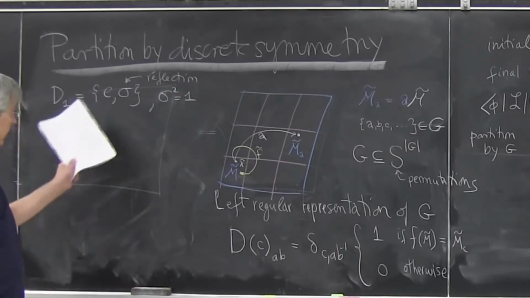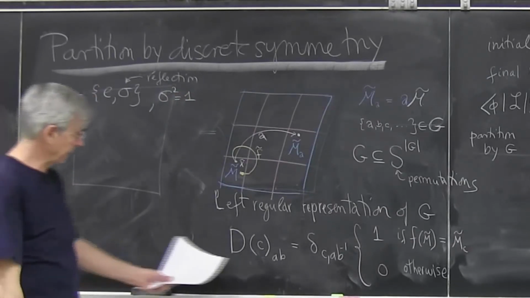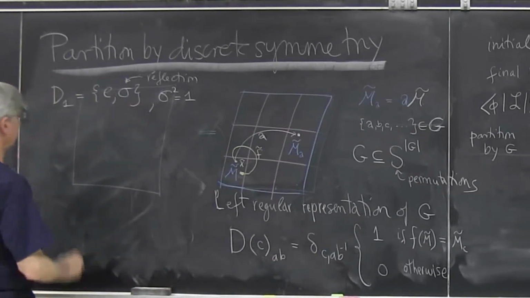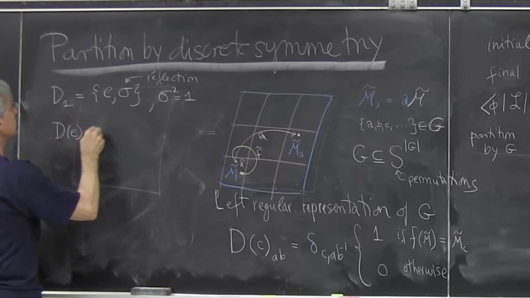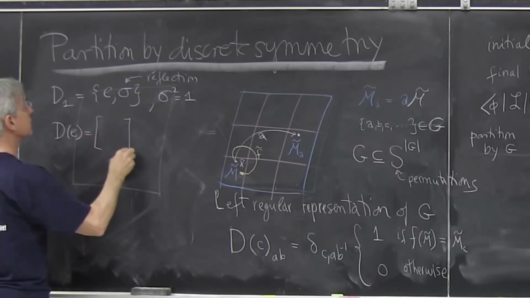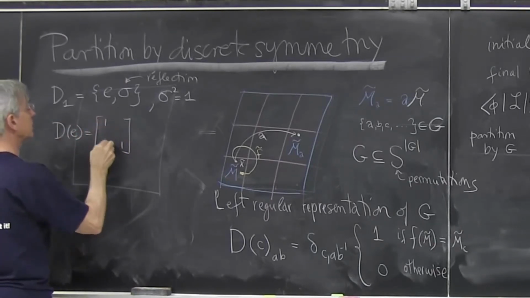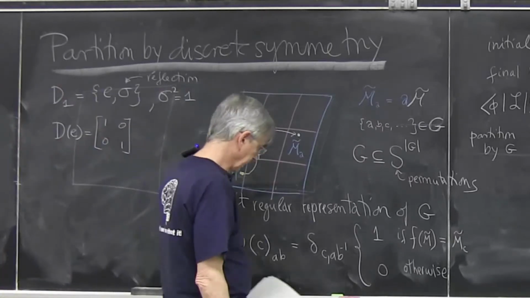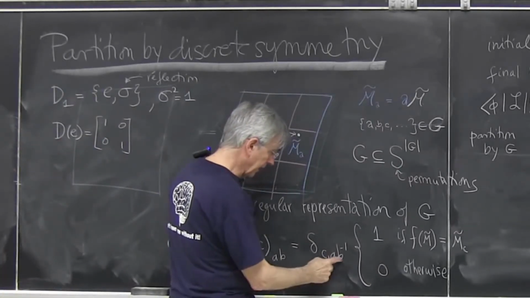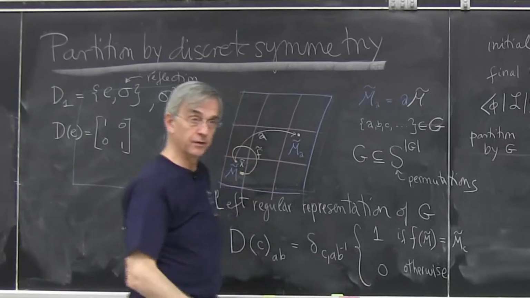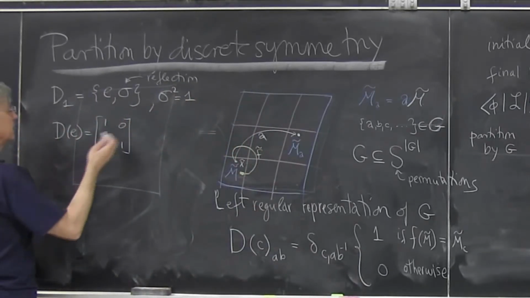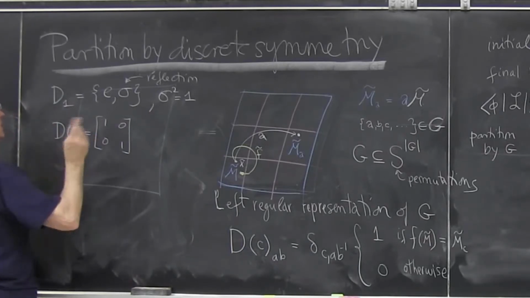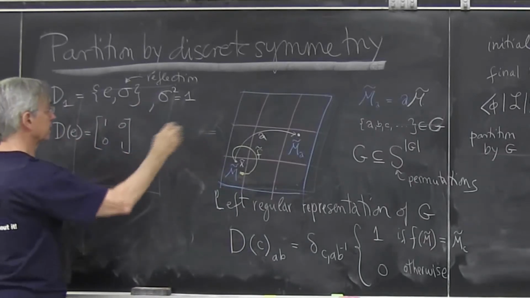That's a very simple group, so it has only two elements. So this matrix is a 2 by 2 matrix. And D of the identity says do nothing. So the identity is 1, 1, 0, 0. So that meant that both A and B were identity because I was in the same domain. I didn't exit from the domain. Or I went into the second domain.